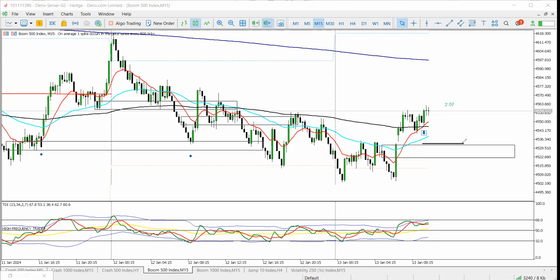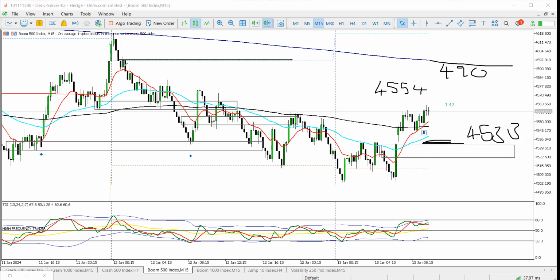Okay, I've got a position at 45.54. That's the current runner I have at 45.54. Then I've got a buy limit at 45.33, which is somewhere here, and my TP will be 45.90, which is right on this moving average, somewhere on this zone here. That's where my TP is.